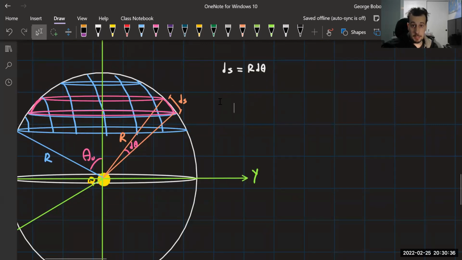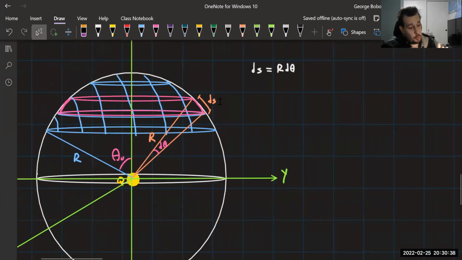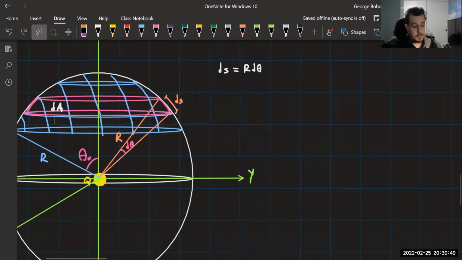And I want to find the area inside this rubber band. That's what I'm trying to do right now. So if I snip it again, this rubber band has a certain radius.